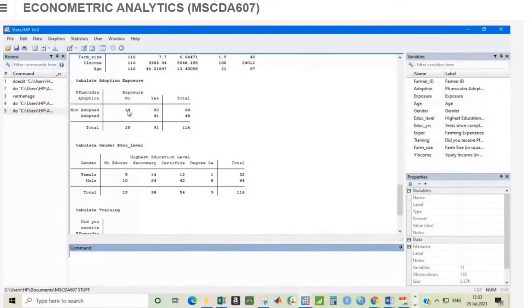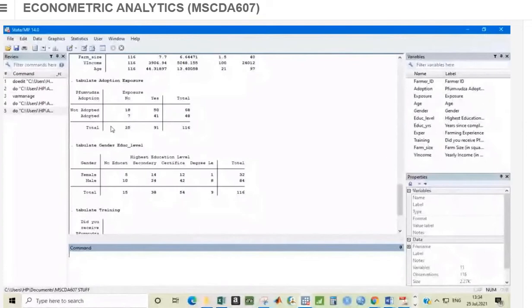For example, we have got a total of 18 people who have not adopted Fumvuza, and who are both not exposed to Fumvuza and have not yet adopted it.